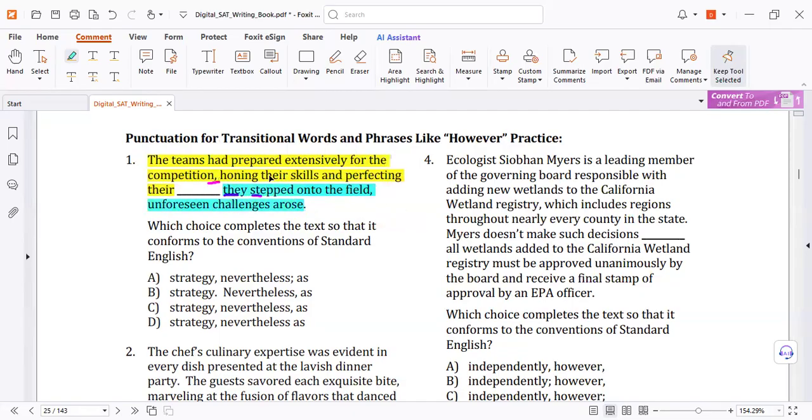Gotcha? We have 2 sentences only. Now, the position is at the beginning of the second, the following. At the beginning, you need a comma after. Do we have a comma here? No. So A and B, drop.